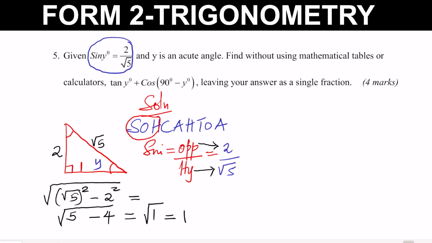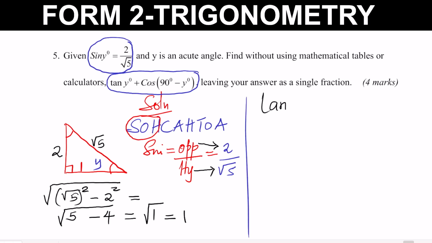Now we have all three sides of this right angle triangle. We have used Pythagoras theorem to obtain that side. Now we can proceed with the question. You're required to get tangent of y degrees plus cosine of 90 degrees minus y. Let's begin with tangent of y degrees.